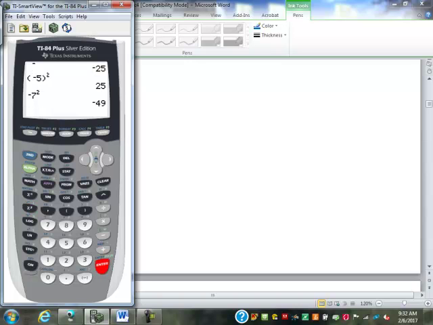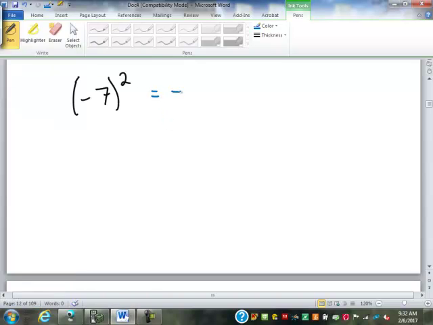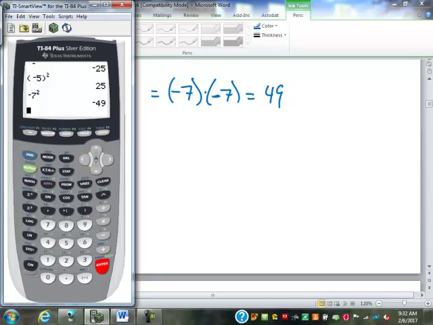We know that's not true because (-7)² is -7 times -7. And we all know that a negative times a negative has to be a positive 49. So on the calculator, we have to put that in parentheses to make it work correctly.